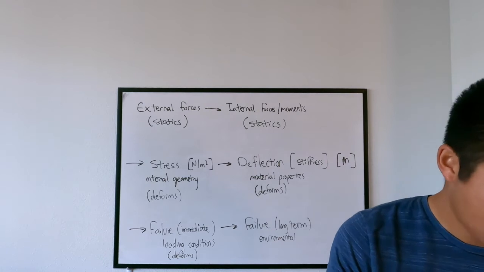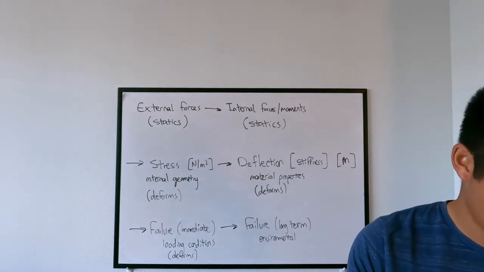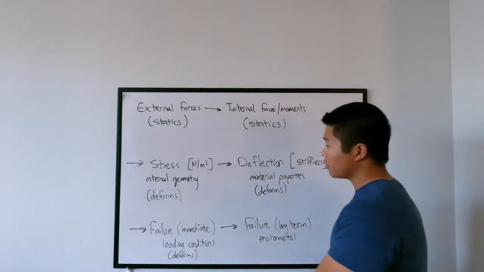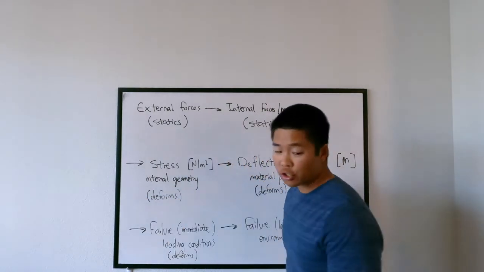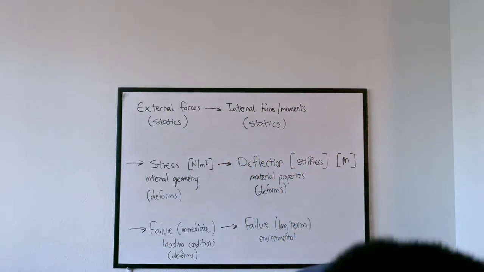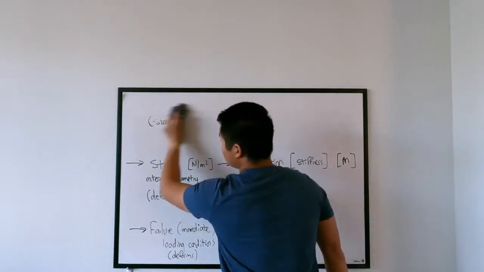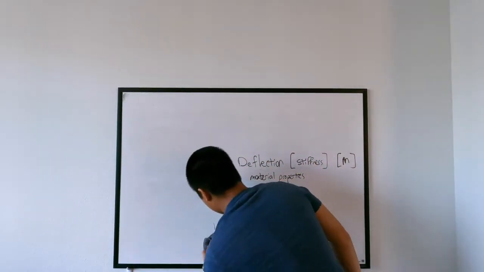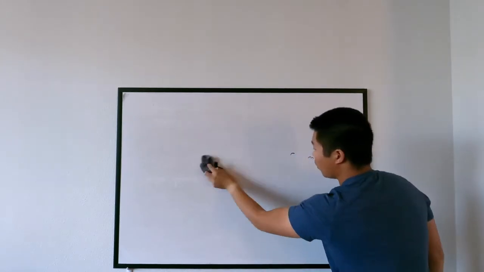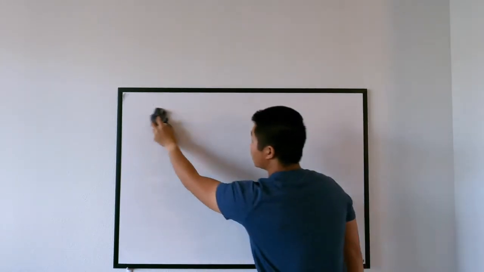Okay, great. So moving on, like I promised, the first thing that we are going to cover in this class is stress, okay? And stress is not just something that you get from going to engineering school. It is something that materials experience when you apply forces and moments to them, okay?